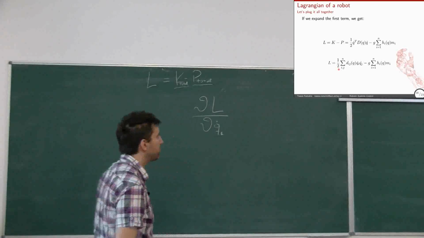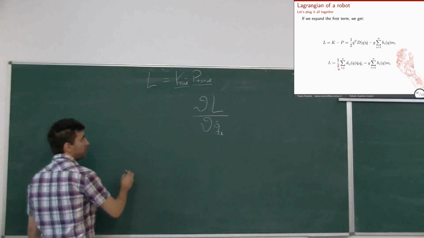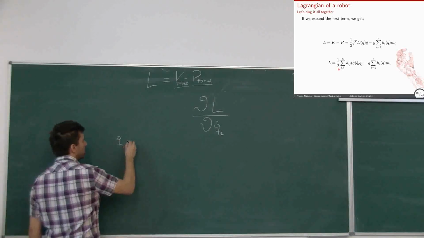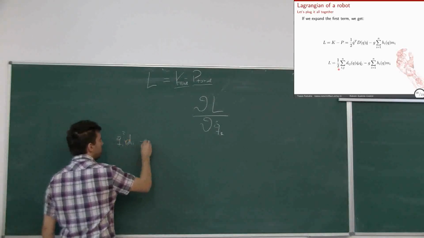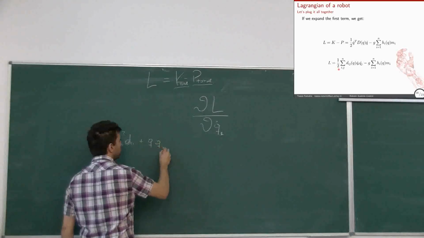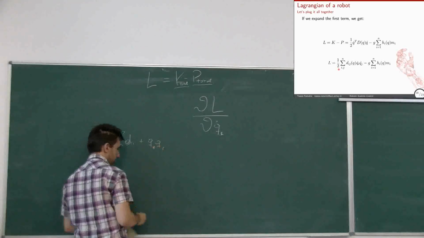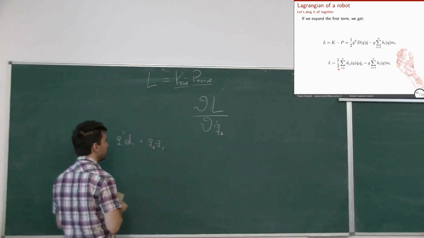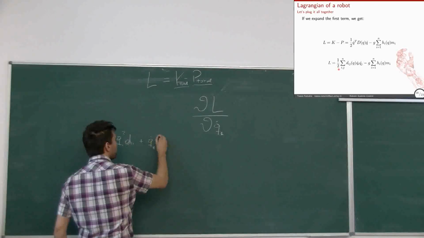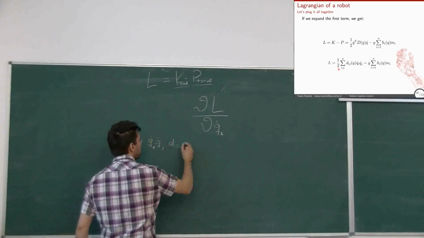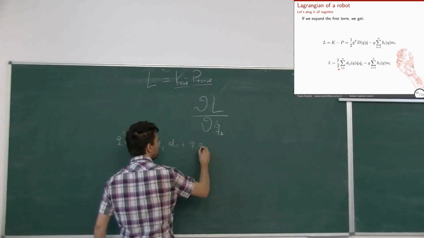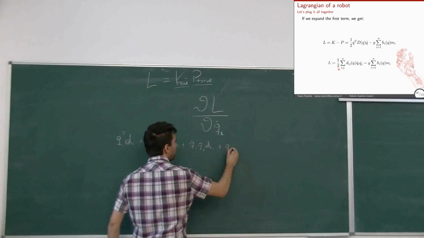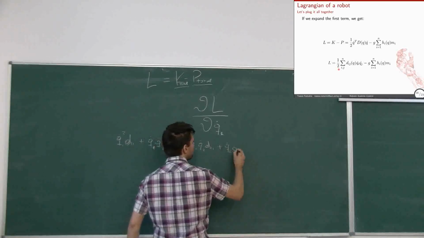I'll write them again: q1 dot squared D11 plus q1 dot q2 dot D12 plus q1 dot q2 dot D21 plus q2 dot squared D22.